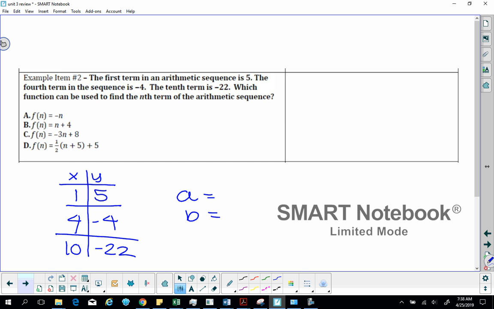You could do it that way and get your line of best fit. We only can do that when it's an arithmetic or a linear equation. I also can figure out my slope and my y-intercept: let me write them as points and find my slope, and then work backwards to find my y-intercept.